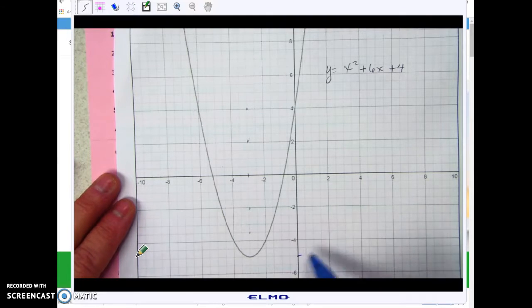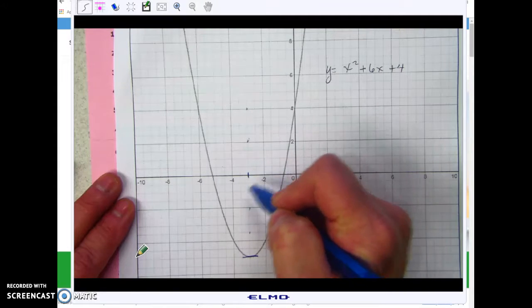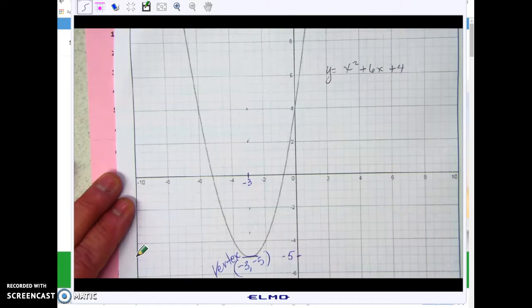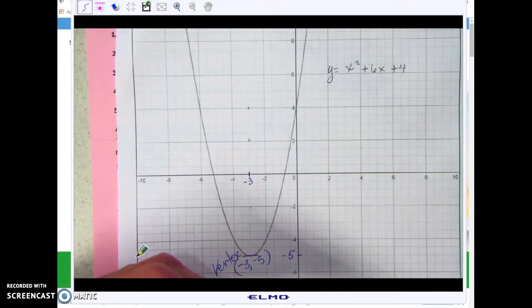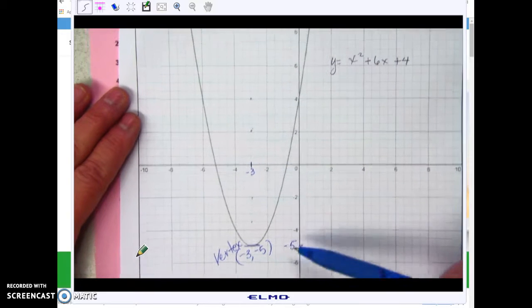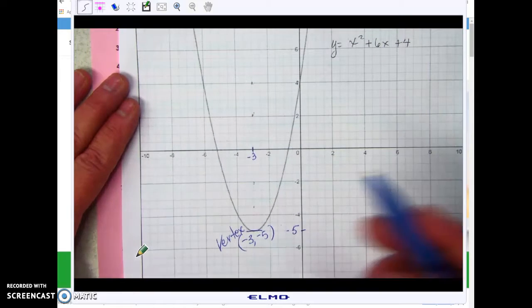This is my vertex right here, and this is negative 5. And this point right up here is at negative 3. Put those two together: my vertex, negative 3, negative 5. Is it a minimum or a maximum? Is this as low as the graph goes, or is it the high point of the graph? This is a minimum.